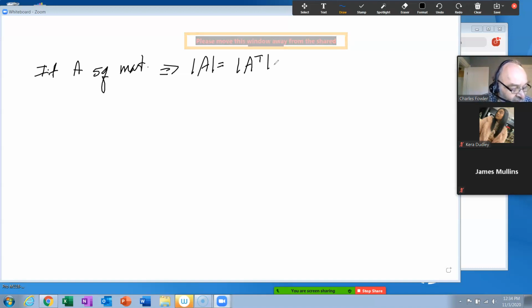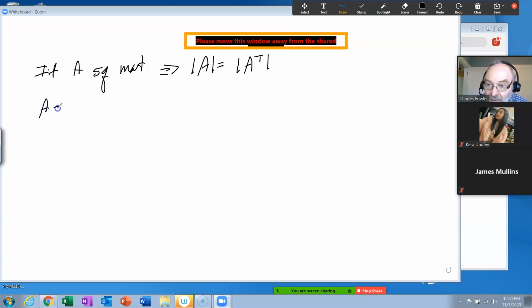Example 6, you can go to larsonlinearalgebra.com for an interactive version of this type of example. So here's a matrix A. Three, 1, negative 2. Two, 0, 0.